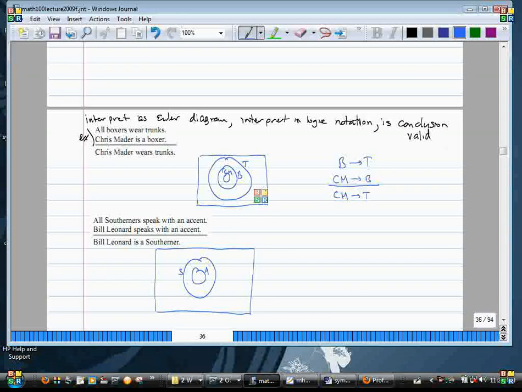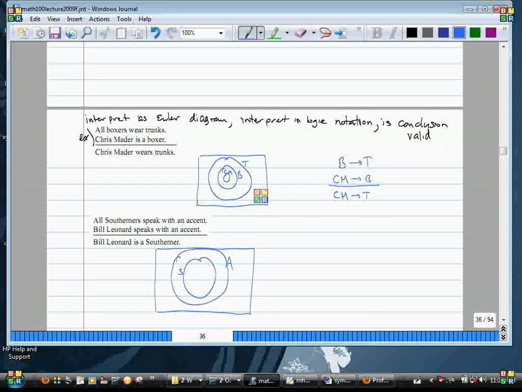Do you see it? Okay. So now we have represented that every Southerner has an accent.